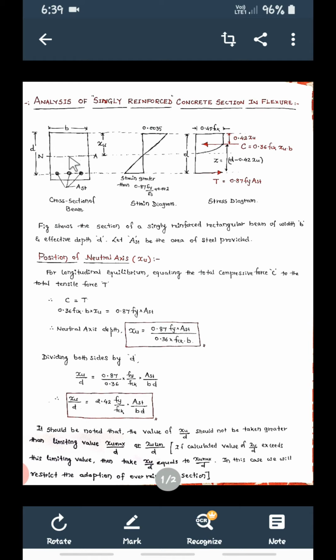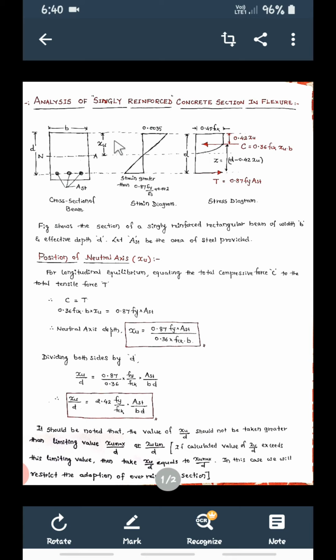If you go above the neutral axis, the compressive stresses start, and the maximum compressive stress will be at the top. If you come below the neutral axis, the tensile stress is 0 at the axis, it increases, and exactly at the steel bars the tensile stresses will be maximum.